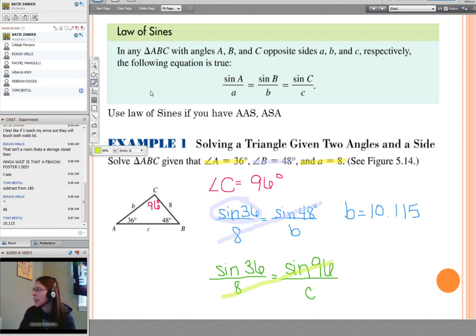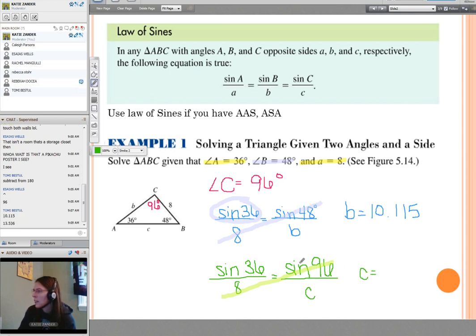All right, what do we get there for side C? 13.536. Everybody agree with Tommy's answers there?